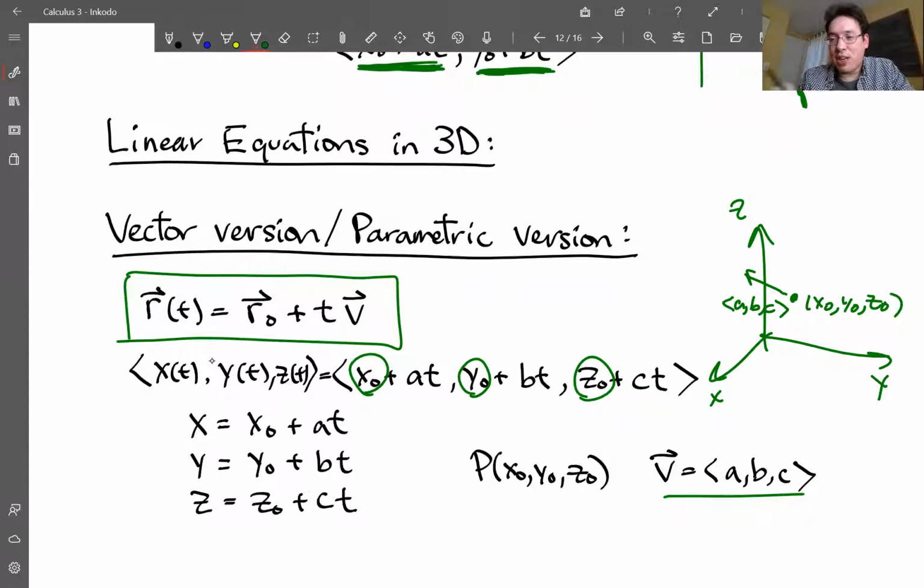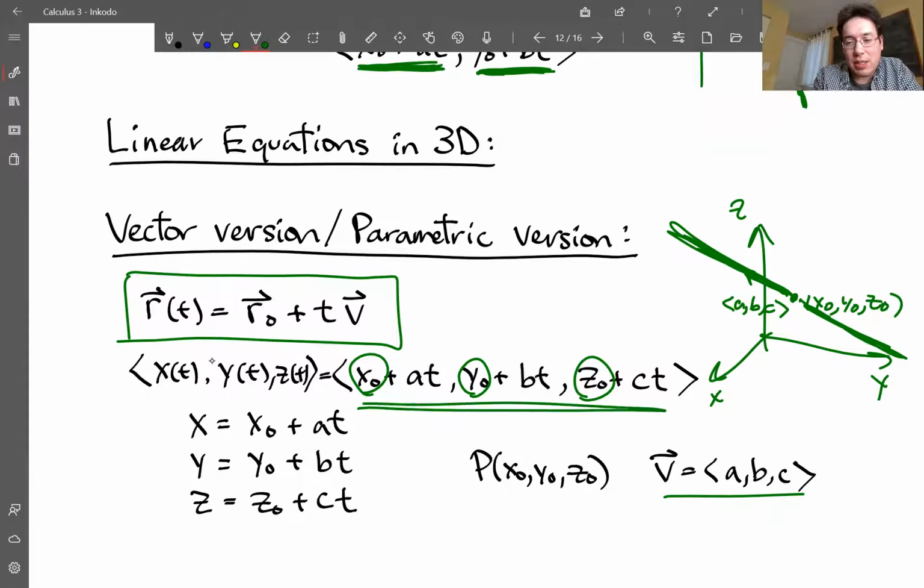And this is the direction that we're going to stretch into a line. So any multiple in that direction forwards and also backwards is going to trace out a line throughout the three-dimensional space. Okay.